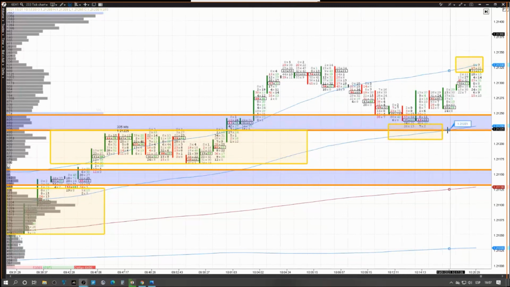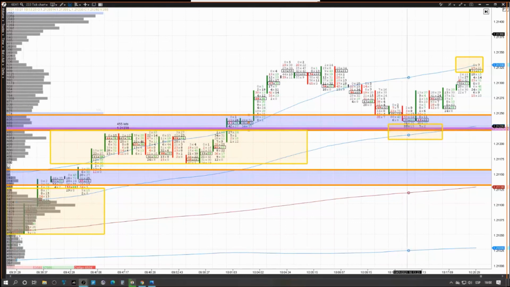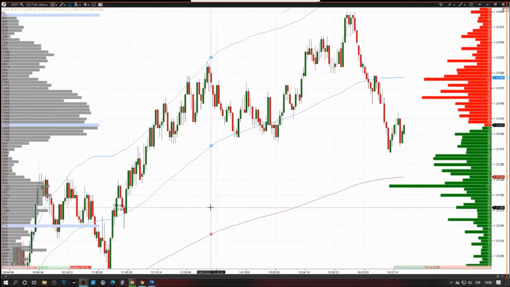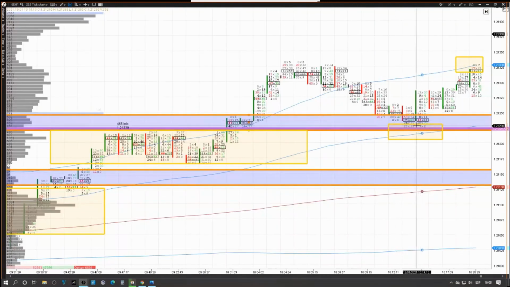Both deviations act as reference for the lack of volume here. You can see this 335 volume, all right? If I put a horizontal line here, you can see how this is the thinner area. I will put my entry just above that, to make sure to get in the market.